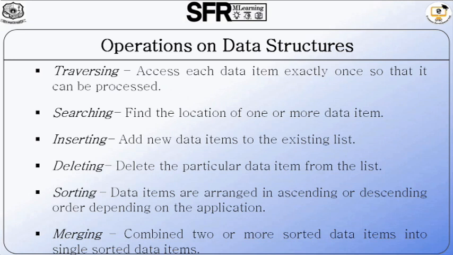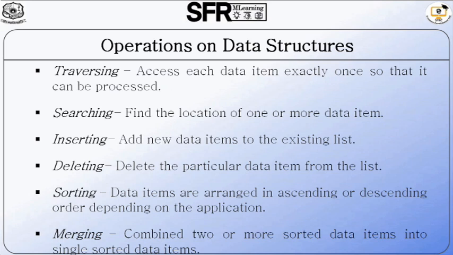Deleting. It means to remove a particular data item from the given collection of data items. Example, to delete the name of a student who has left recently. Sorting. Data items are arranged in ascending or descending order depending on the application. Example, arranging the students' names in alphabetical order. Merging.